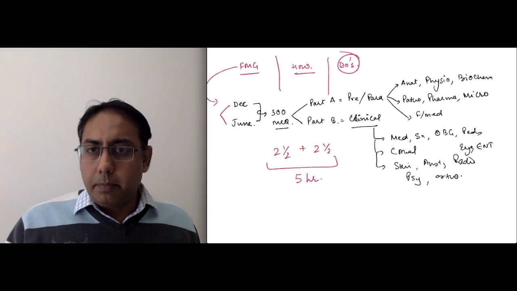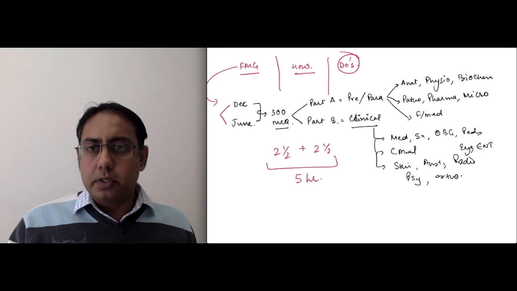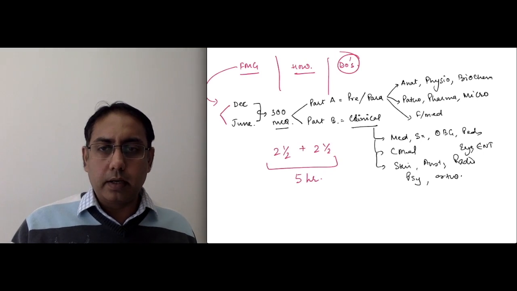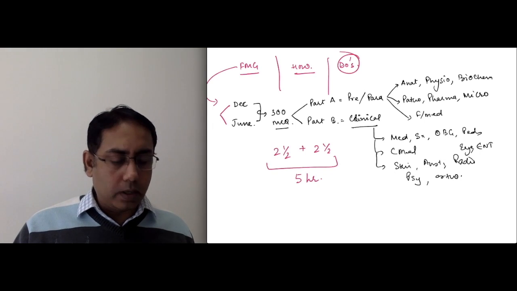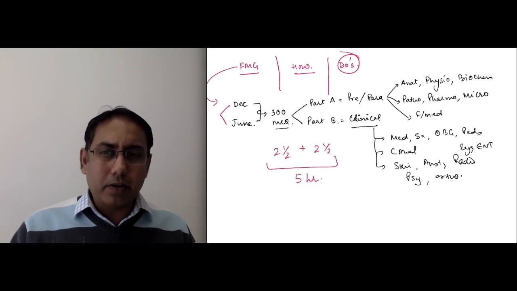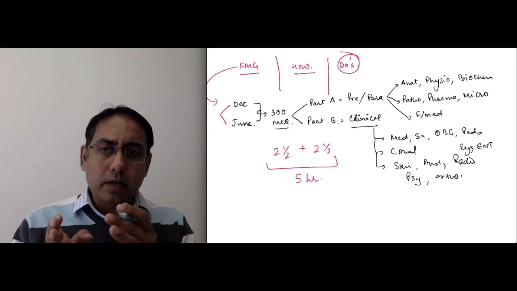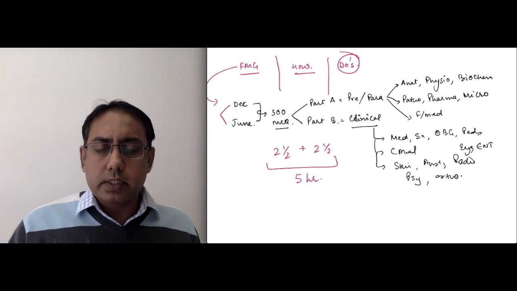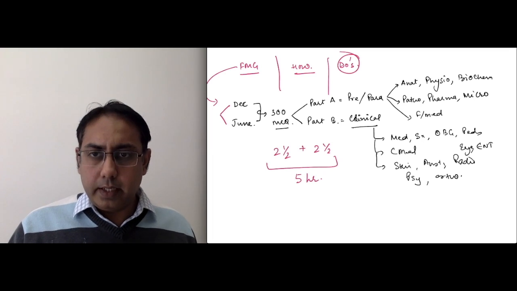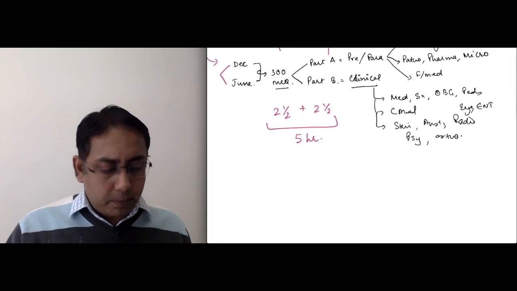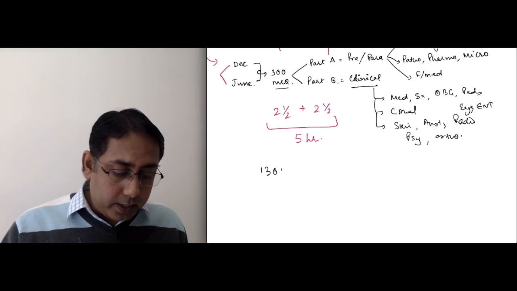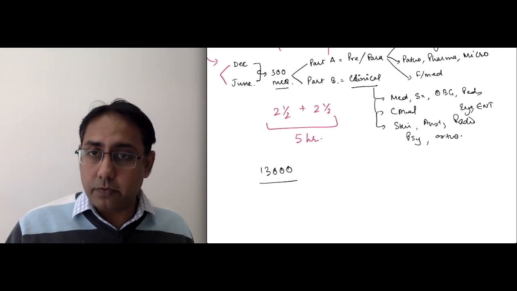Now comes a very important part, according to my personal analysis. The other day I was in Gautam Nagar in Delhi, and I was talking to a couple of students, and I got this idea that there are actually two categories of students. I saw the December 2018 exam, and do you know that roughly, from my data, 13,000 students appeared for this exam.